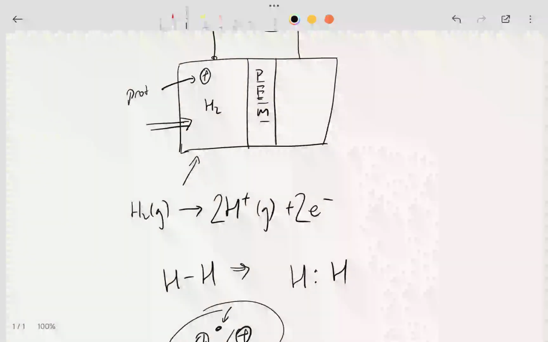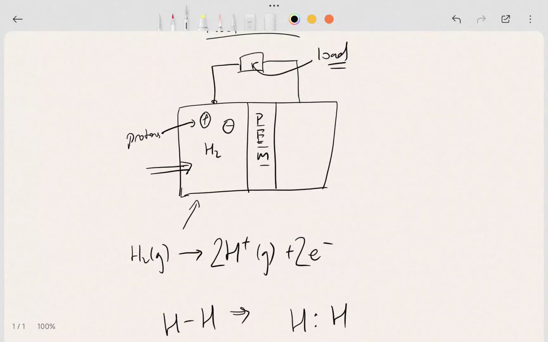So those are protons, and then you have electrons. So you have a separation of those two. And what happens here is the electrons would travel through the copper wires, through the load, and back down again. Whereas the protons would travel past the proton exchange membrane, a semi-permeable membrane, and join to the other side.